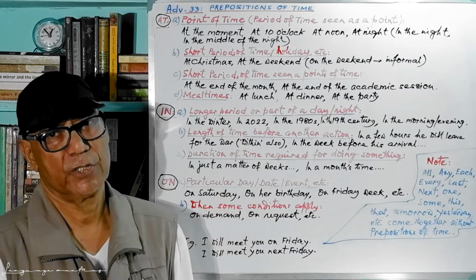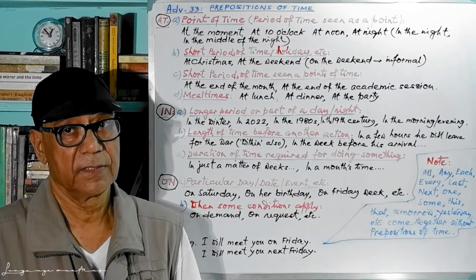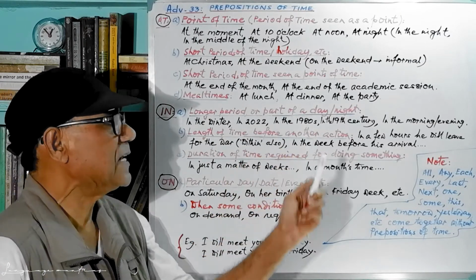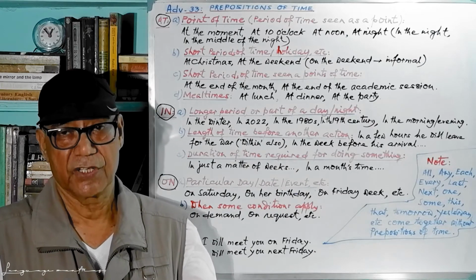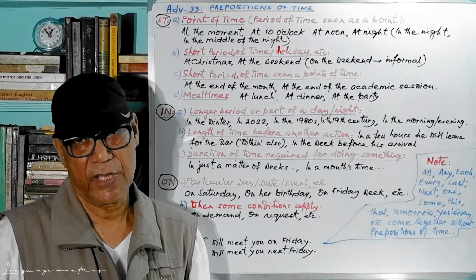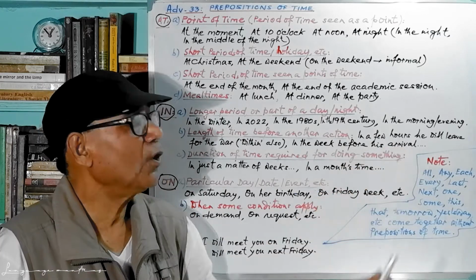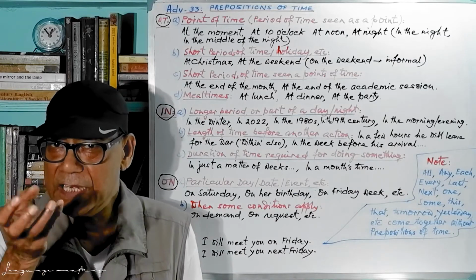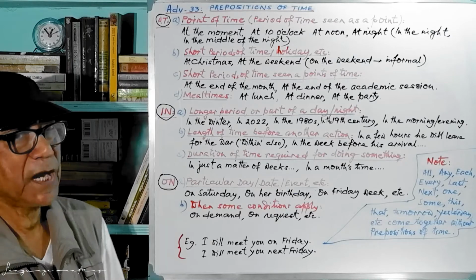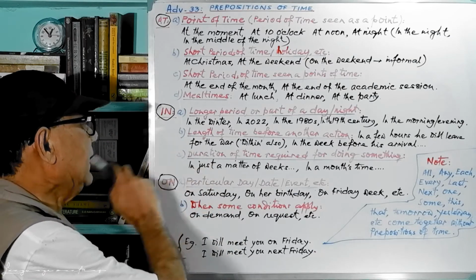In 2022, a whole year, 365 days. In the 1980s, a decade, 10 years. In the 19th century, it's 100 years. And in the morning, in the evening, it is part of a day. So in case it is a longer period of time or a part of day or night, then we use in.